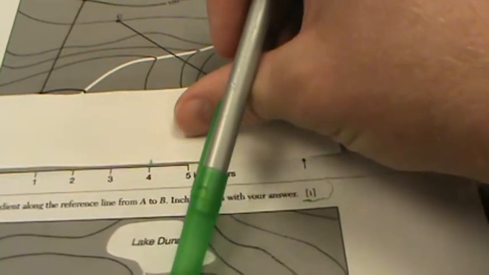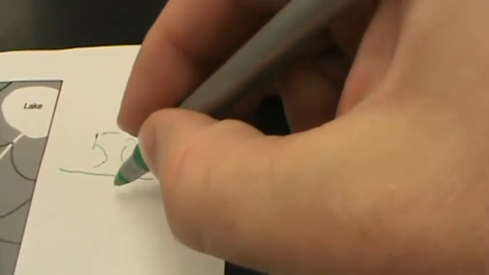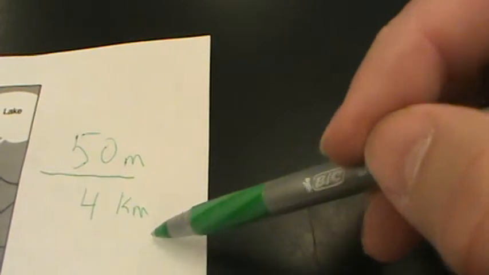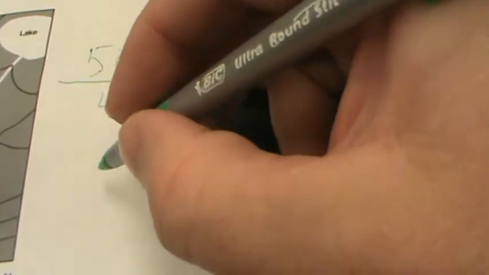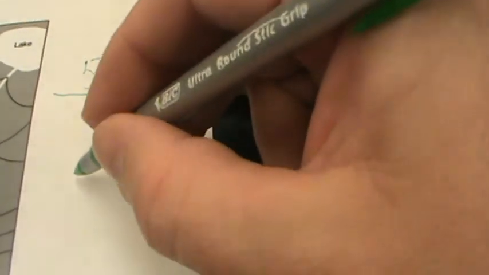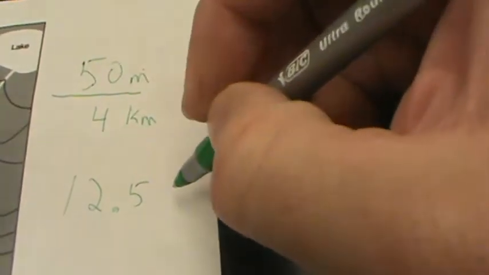Then I come down here, and my little marks are 4 kilometers apart. So that's pretty much my answer right there. 4 km. All you got to do is grab a calculator and divide 50 by 4, which, doing math in my head right now, hopefully it's right, comes out to 12.5.